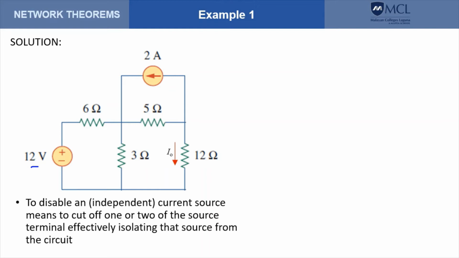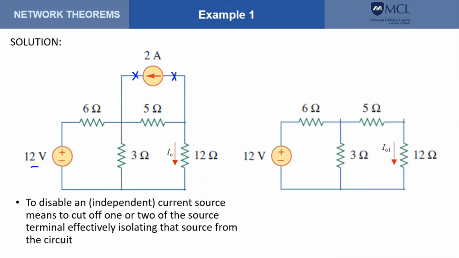To disable the current source, that means that we need to cut it off from the circuit, either one terminal or two terminals. So what we're really trying to do is eliminate that source from the circuit so that our circuit will now look like this.